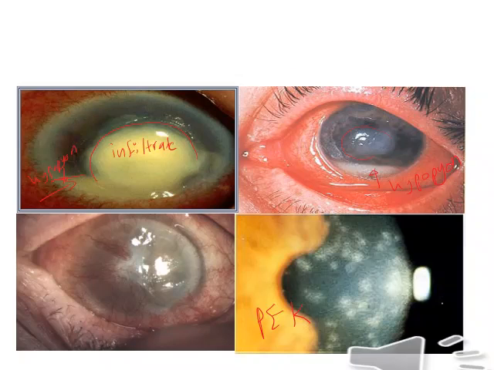Let us look at the signs and symptoms of microbial keratitis. What is obvious in these photos, for example, upper left: there is severe congestion, conjunctival and ciliary injection. What is the conjunctival and what is the ciliary injection?